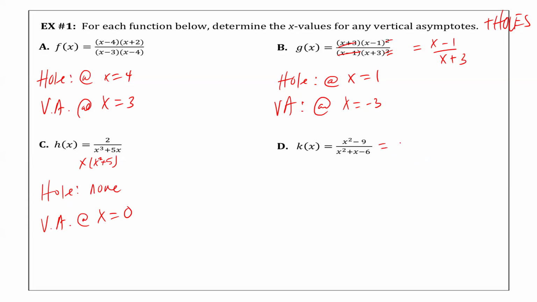What's the factor of my numerator? X plus 3 and x minus 3. What's the factor of my denominator? X plus 3, x minus 3. All right, so therefore I have holes where? And a vertical asymptote where? At 2.